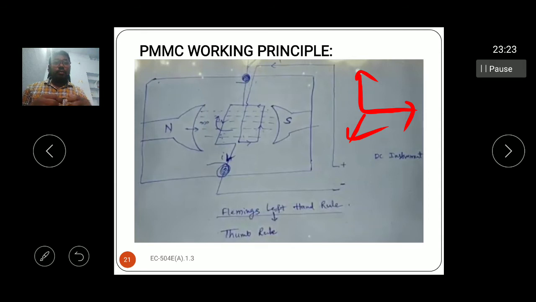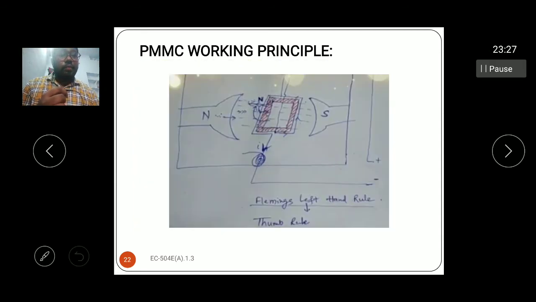Here, with the help of a diagram, we have one more diagram. Here you have to understand this is the motion of the magnetic field. The rotation of the coil is like that. The coil is moving like that, according to the thumb rule.